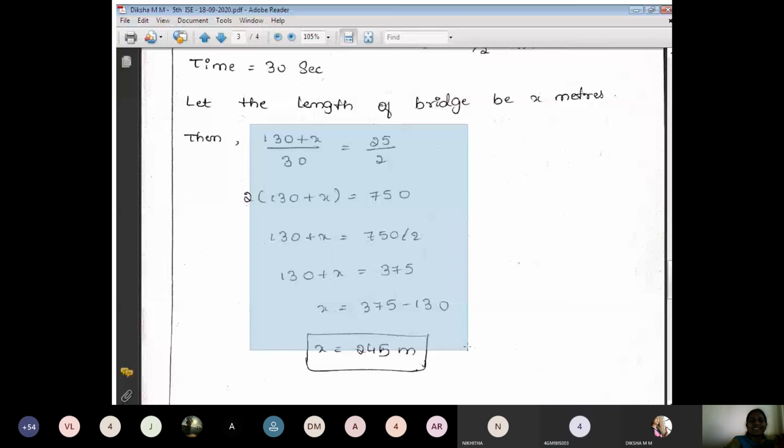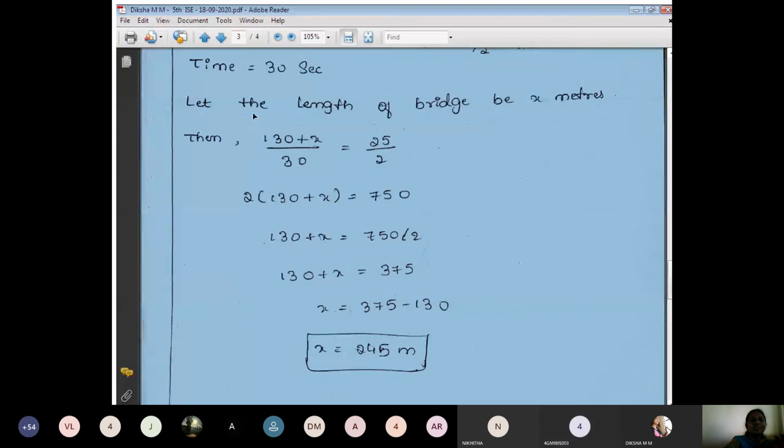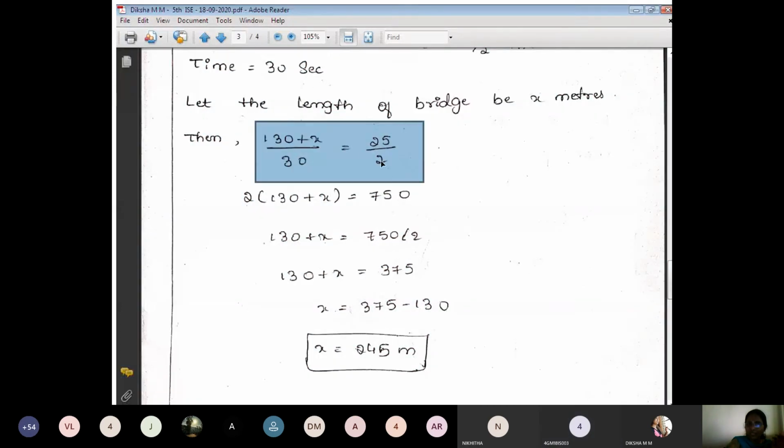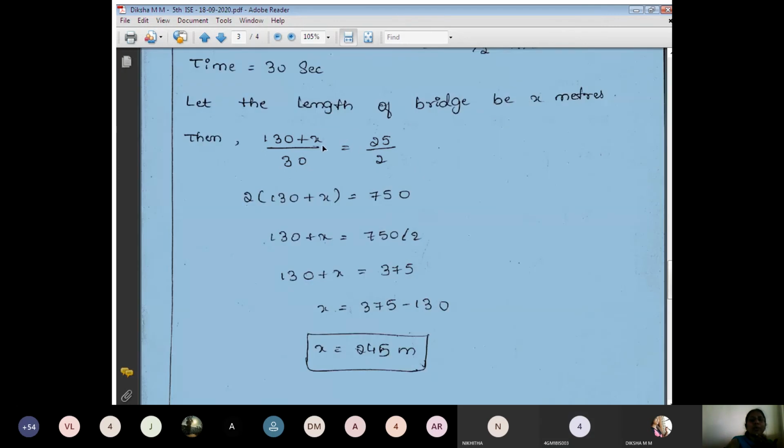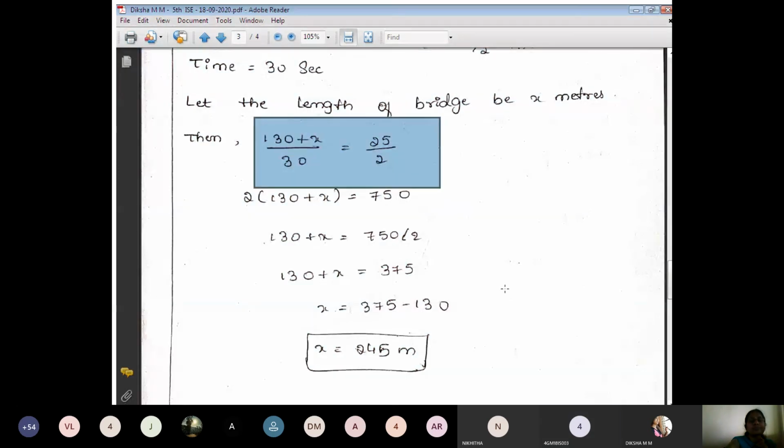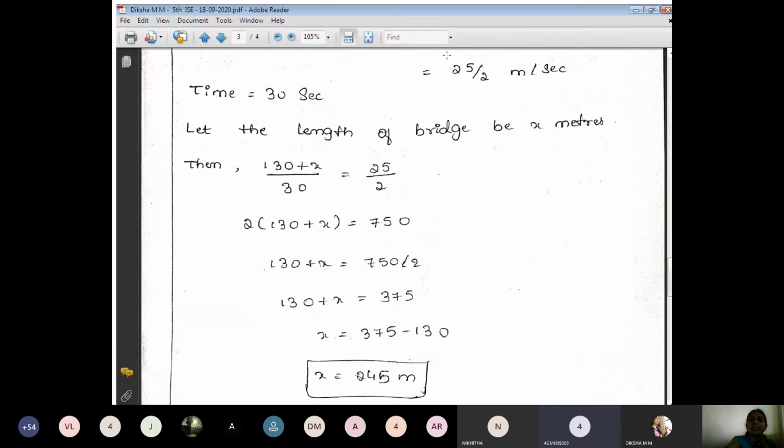Okay, you have simplified this expression. Now tell about this formula, how she has taken these values and how she has equated these two values. Okay, ma'am. Distance by time is equal to speed. The speed she has calculated in meters per second is 25 divided by 2.